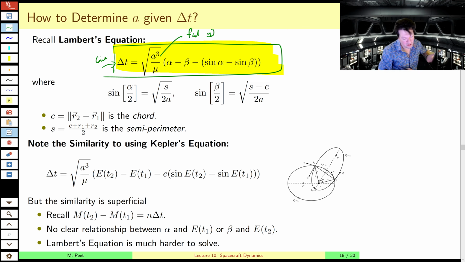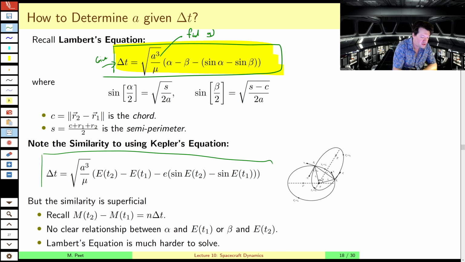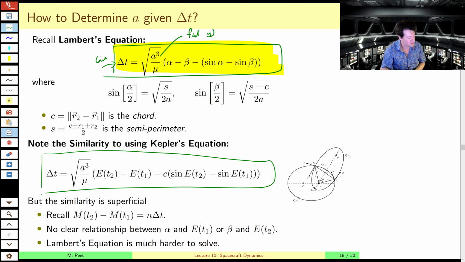Now this is actually quite a hard problem, which is belied by its very simple structure. In particular, it has a very similar structure to what you get if you use Kepler's equation. If you were to apply Kepler's equation twice for both mean anomalies to find M1 minus M2, which is n delta t, then divide by n, each of these has a Kepler equation, M equals E minus e sine E. So if you were just to subtract those two and then divide by n, you would get this equation.